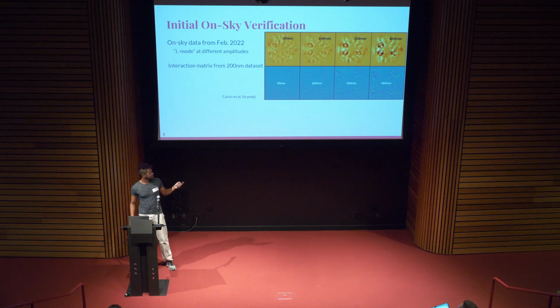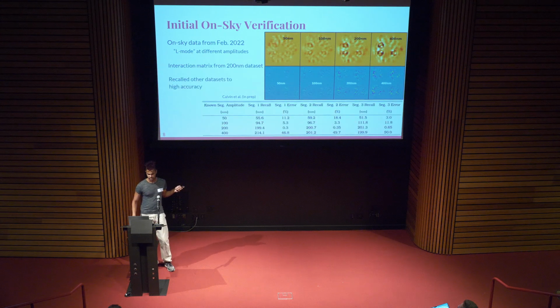We were able to see that by making an interaction matrix from some of these, we can look at these independent data sources and find a very high accuracy recall using the pyramid wavefront sensor on the other segments, down to less than 10%.